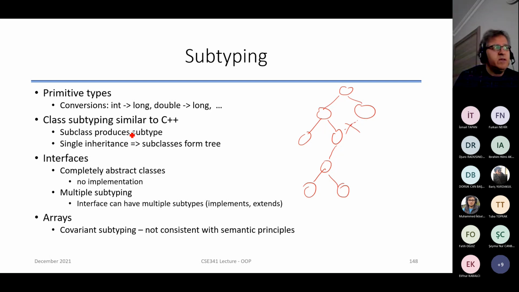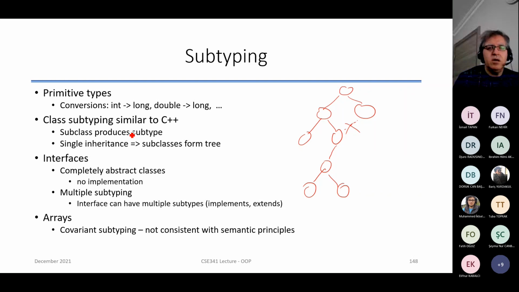Of course, you have interfaces, and you can see these as completely abstract classes. There are no implementations of them. And you can now create multiple subtyping this way. An interface can have multiple subtypes.